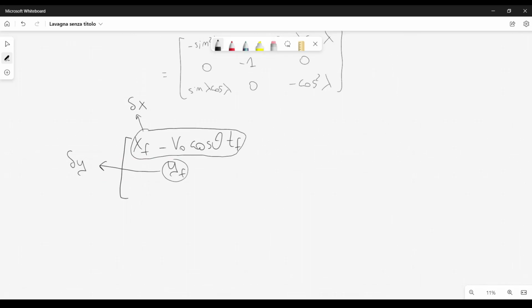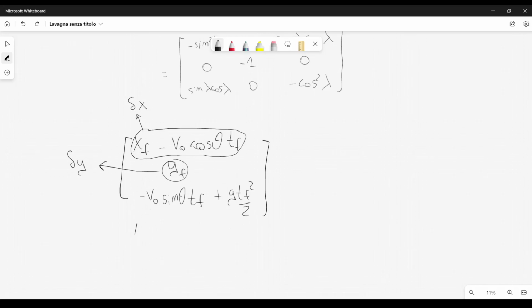And then here we have minus v0 sine theta tf plus gtf squared over 2. So this is simply minus the z component of x prime of tf, because x of tf is 0. And we already know that this quantity here is equal to 0 if we didn't consider the Coriolis force.